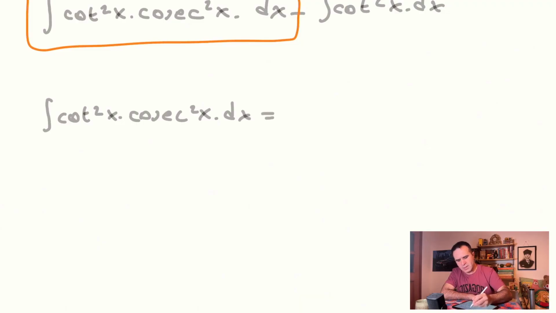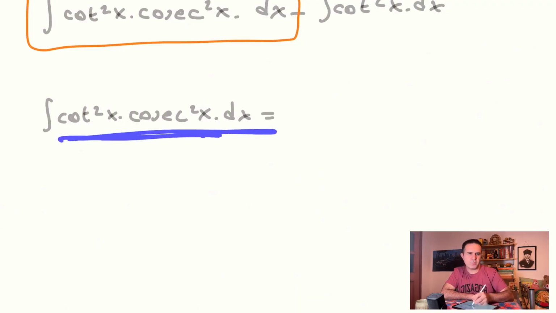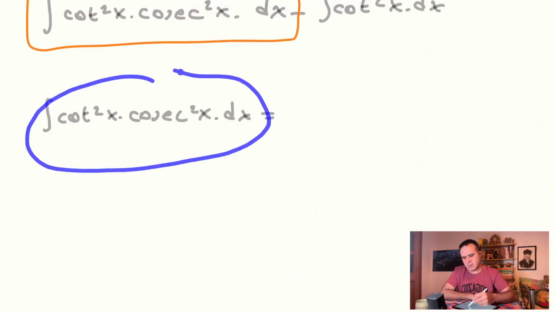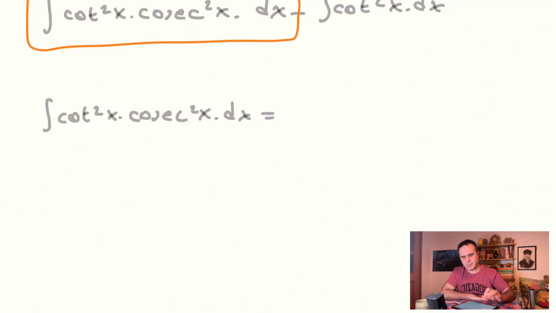If you understand how we solve this part, you can actually solve it in your mind without using any pencil, because after this method, you can see that this integral is equal to minus 1/3 times cotangent cubed x, and it's really easy.